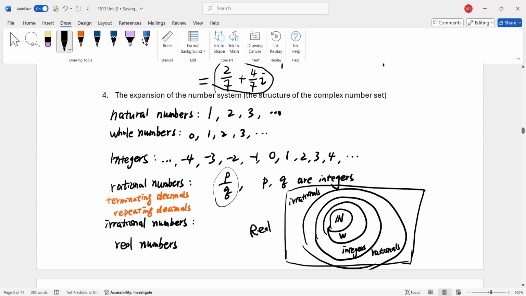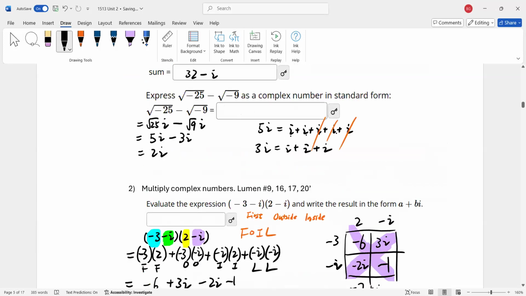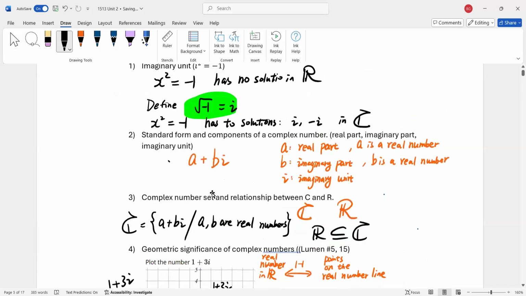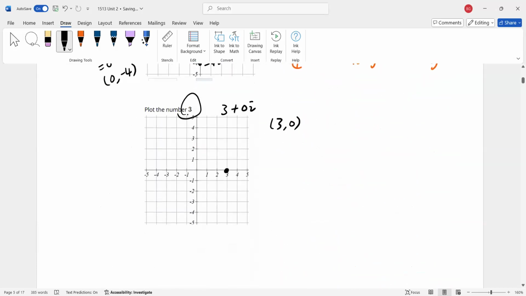And in this chapter, we expanded the system to the complex number set. So as you can see, the real number set is just the one scale in a complex number set.